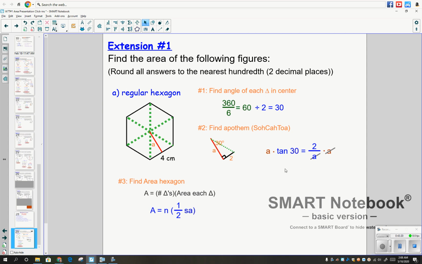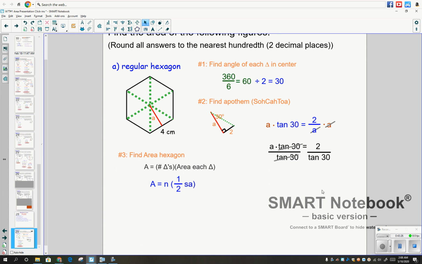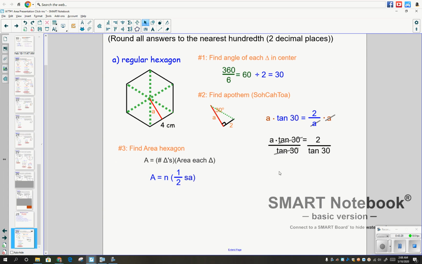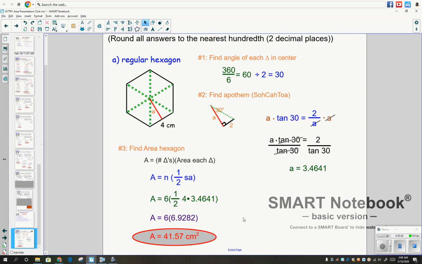Multiply both sides by a. a times tan 30, divide by tan of 30. Tangent of 30 to cancel out. a equals 3.4641. So I can plug that in. 6 times 1/2 times 4 times 3.4641. And I end up with an area of 41.57 centimeters squared.